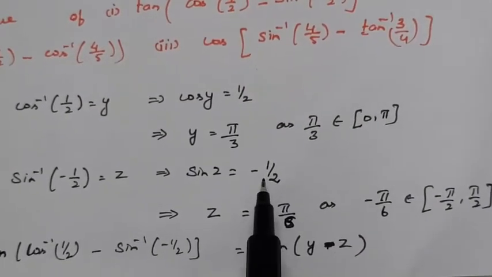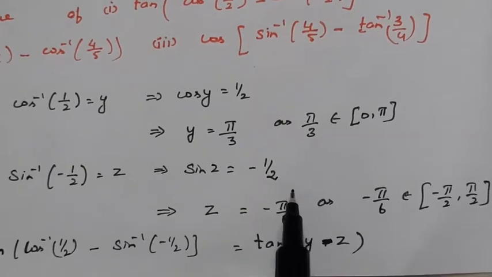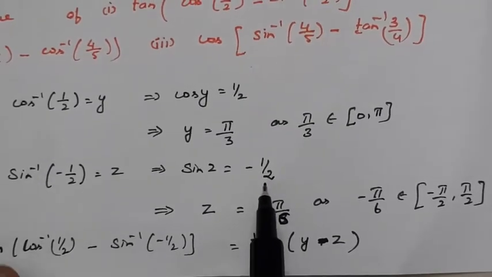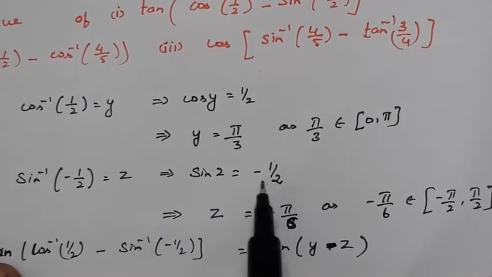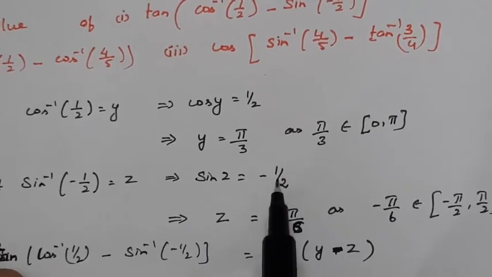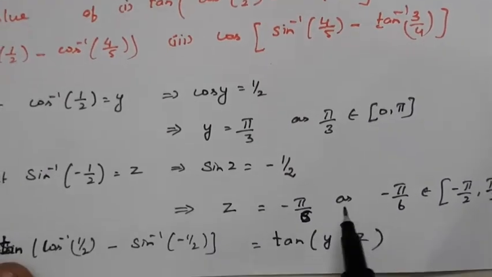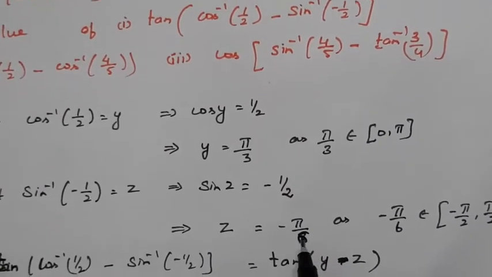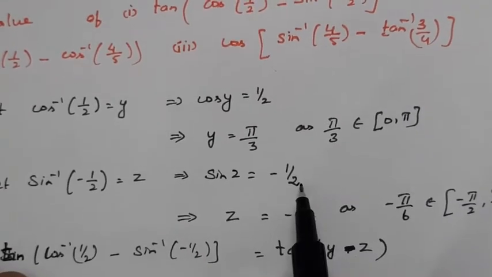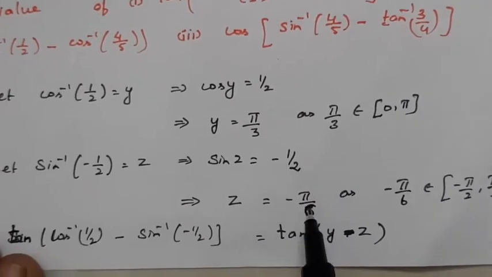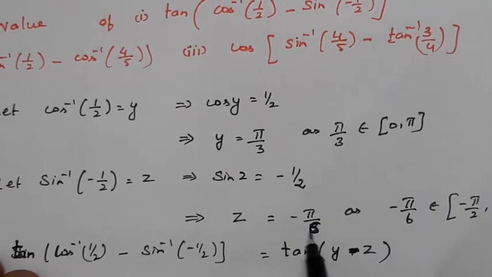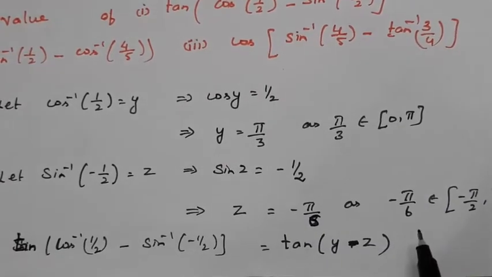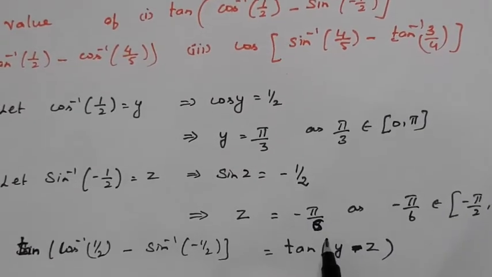As it is negative, the angle should be in the fourth quadrant. So how to find out the angle in the fourth quadrant? Take the numerical quantity 1 by 2 alone. For what angle will the value be 1 by 2? Pi by 6, right? 30 degrees. Sin 30 is 1 by 2. And as it is minus 1 by 2 and the angle should belong to the fourth quadrant, you have to take minus pi by 6. So z is equal to minus pi by 6.